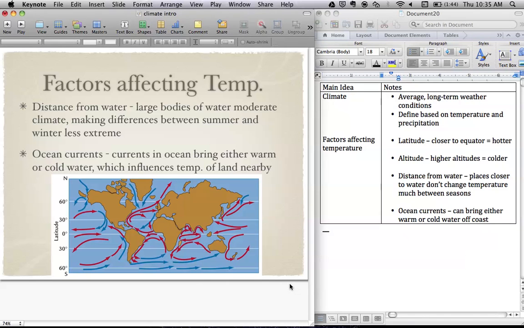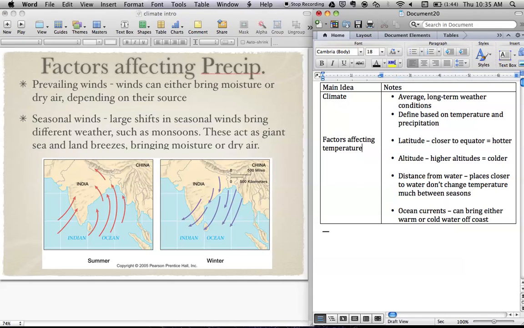So now let's look at precipitation. All right, we've got a couple factors that affect precipitation. The first one is the prevailing winds.